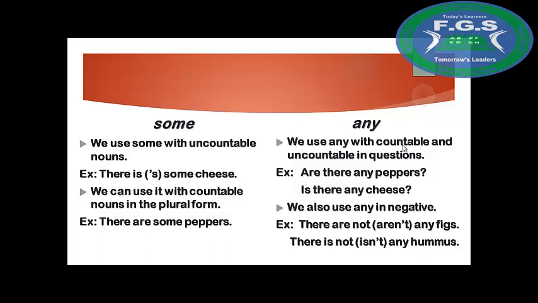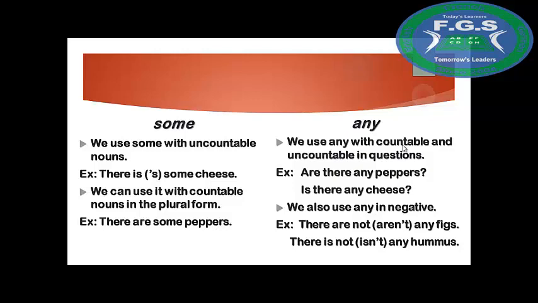Like, are there any peppers? In this example, after any we have to put countable nouns because in this question we started with are there. Second question, is there any cheese?